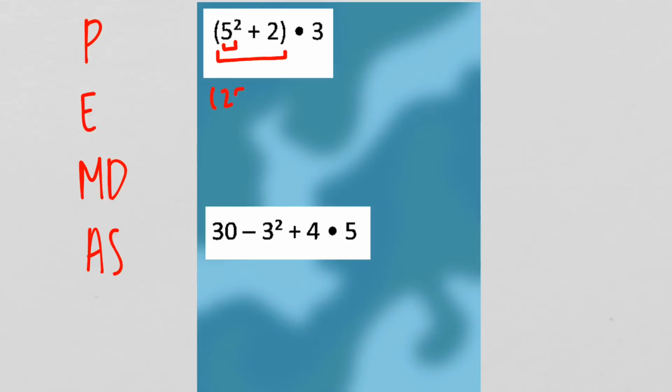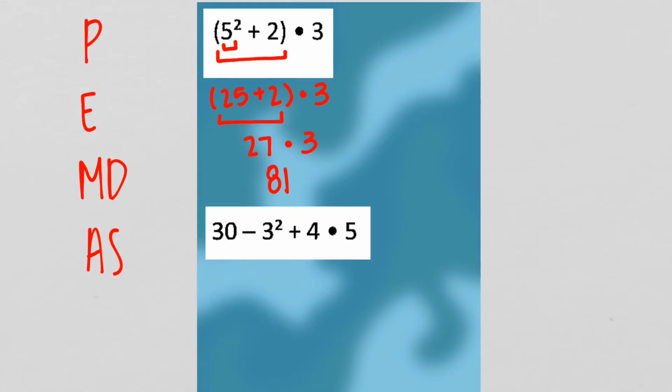That's going to give me 25 plus 2 times 3. So now I did the exponent, but I still have the parentheses there, so I need to continue. Inside parentheses, I have 25 plus 2, so that gives me 27. And then I have times 3 on the outside. And of course, my last step here is to do 27 times 3, and that gives me 81.